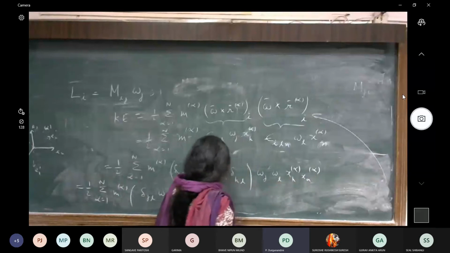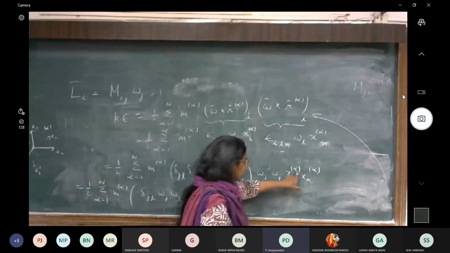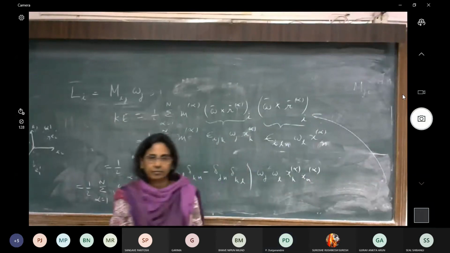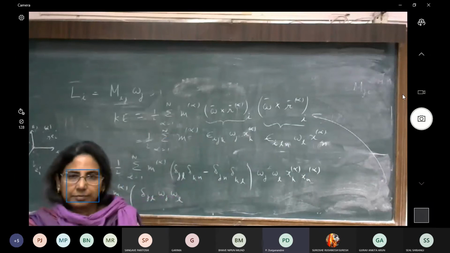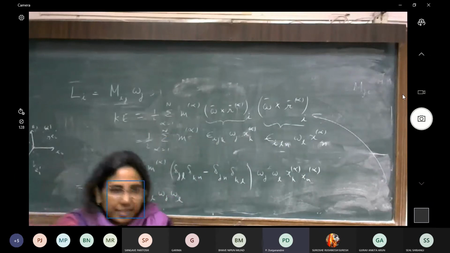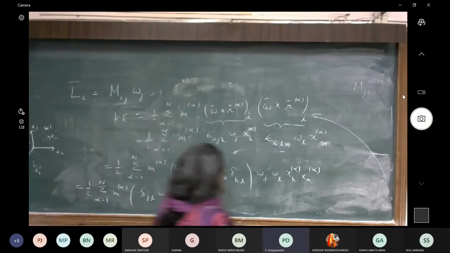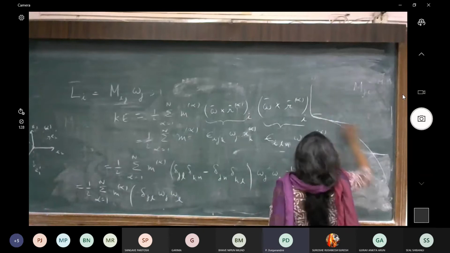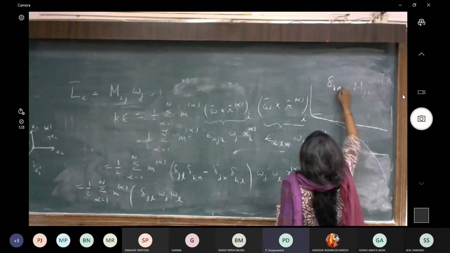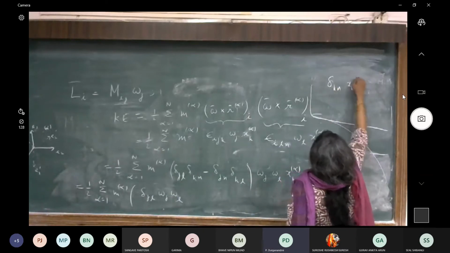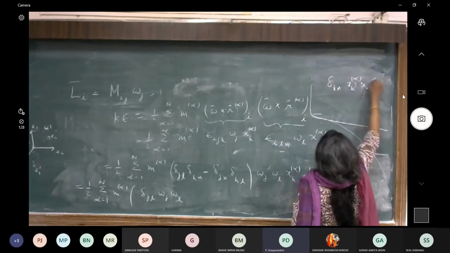So it will vanish unless k equals n. But what is x_k alpha x_k alpha? What is this?